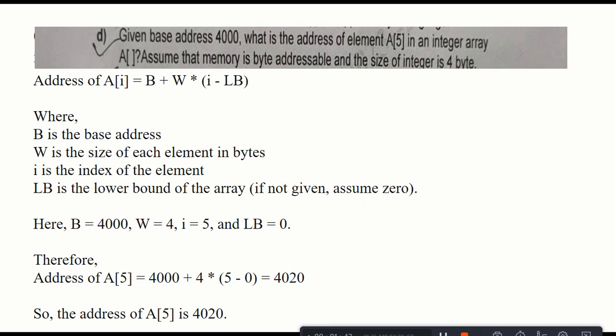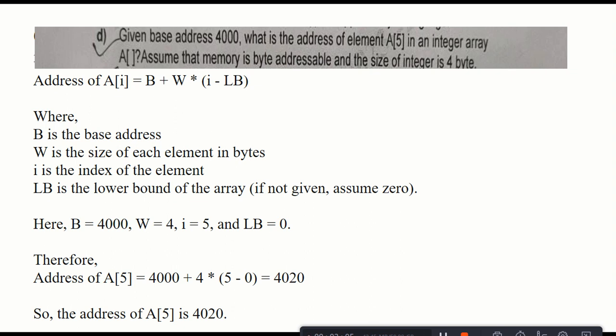As per our question, the base address B equals 4000, W, which is the size of the element, is 4, I, the index of the element, is 5, and LB equals 0.